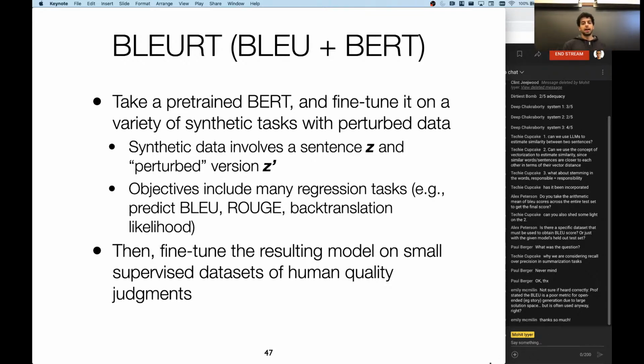So for example, you might have a sentence and you perturb it in some way, like you drop some content from the sentence, or you shuffle some content from the sentence, or you do all of these different things, and you ask the model to see if it can detect what kind of perturbation has occurred, or how severe this perturbation is.